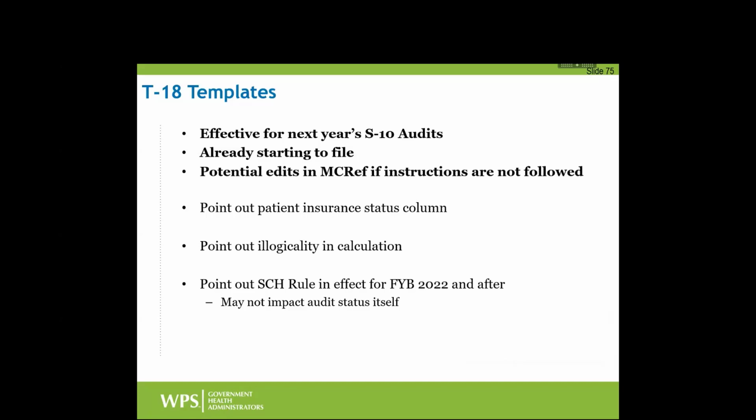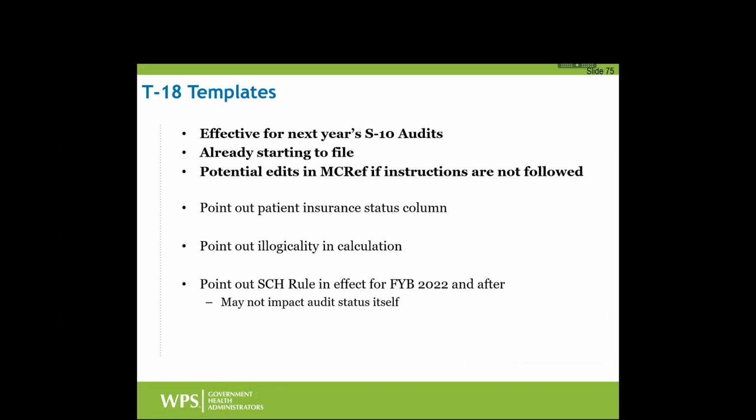So if it's way off, it might spit back an error. Now, in some cases, those things, they don't automatically reject. They go on to the auditor for further review, but they don't automatically accept either. There are other things where maybe the data elements don't seem to be correct. They don't seem to be logical. It'll probably give you a warning, but it might also spit it out to the auditor for further review.